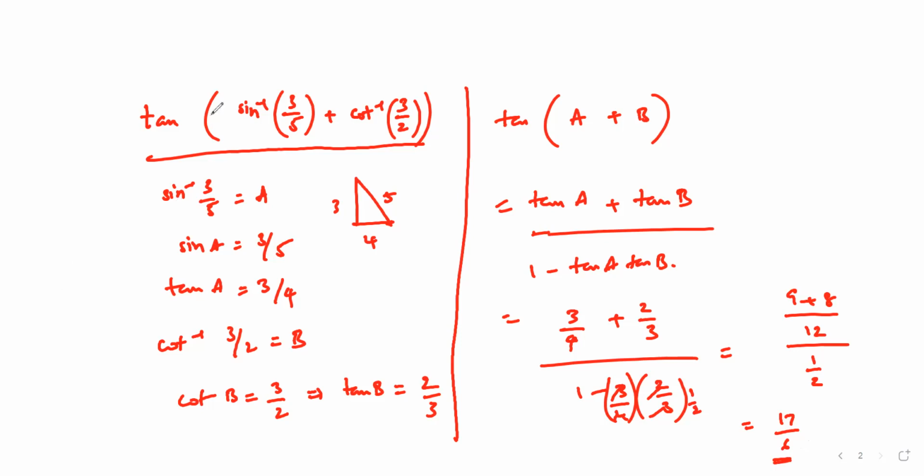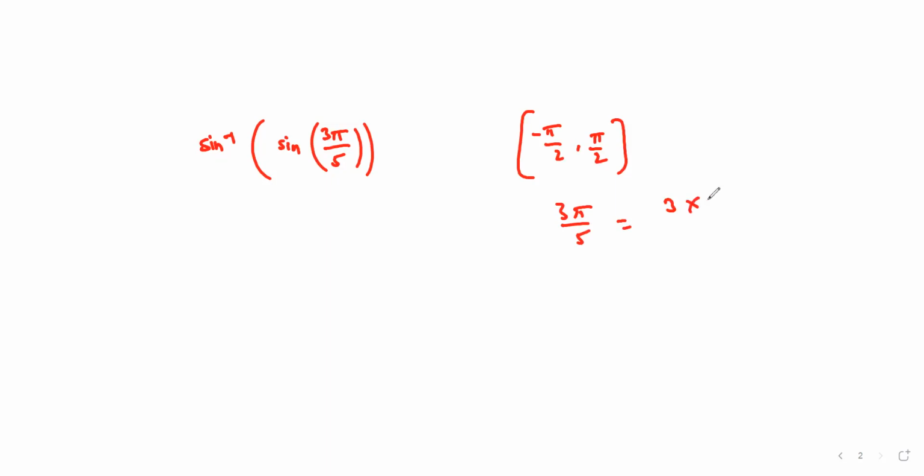Next one. Find the value of sine inverse of sine of 3 pi by 5. 3 pi by 5 is not lying between minus pi by 2 and pi by 2, correct? Basically, 3 pi by 5 is what? 3 into 180 by 5, 36, 108 degrees.